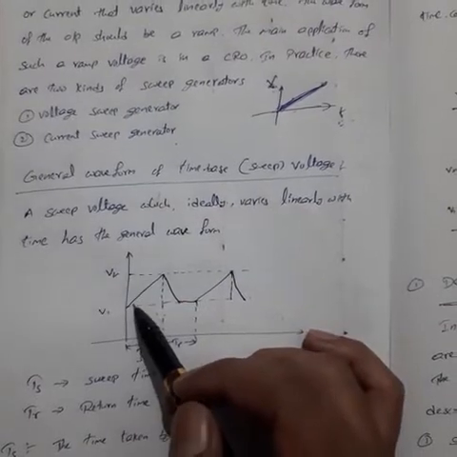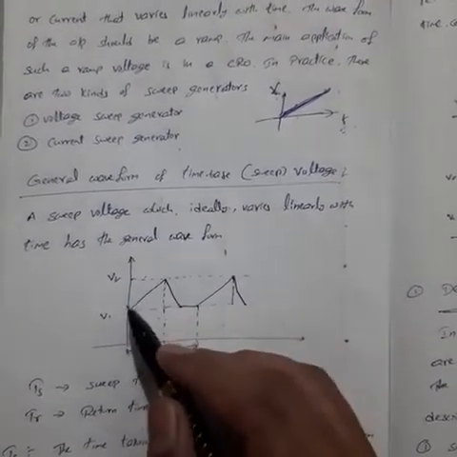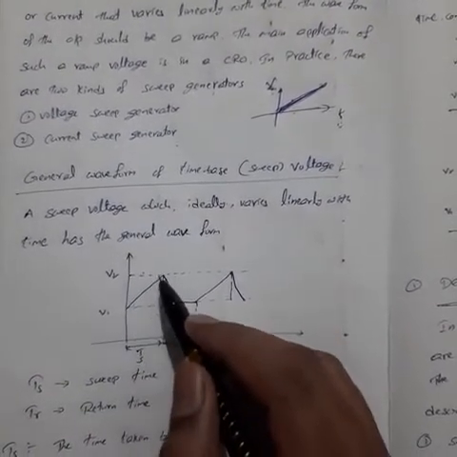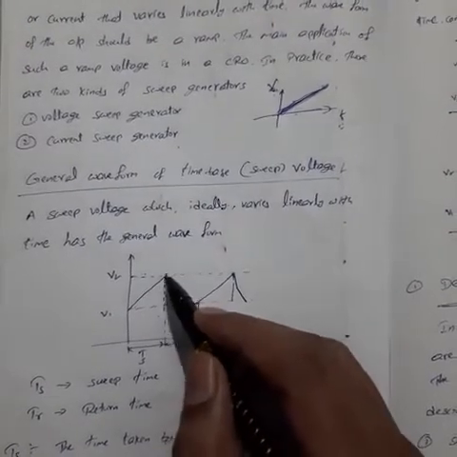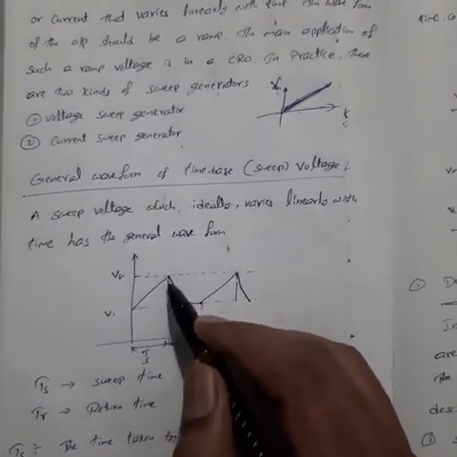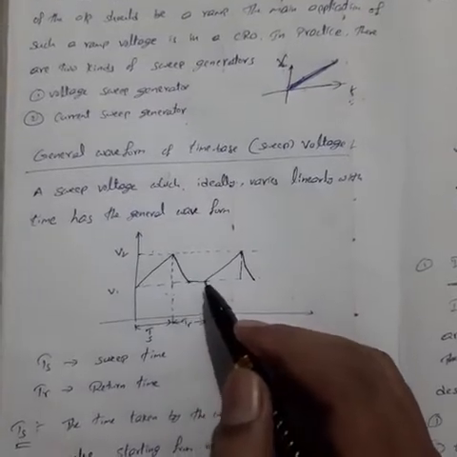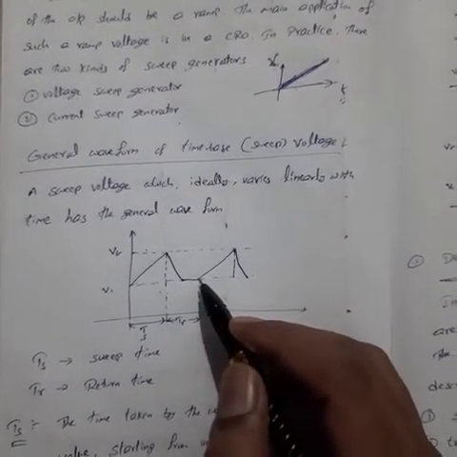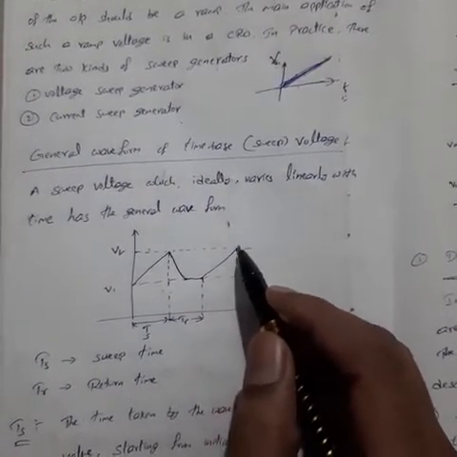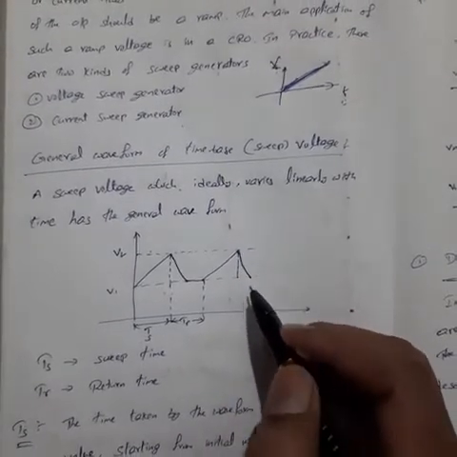Next, this is the general waveform of a sweep generator, with two voltages V1 and V2. Suppose the waveform starts from V1 and ends at V2. It increases linearly, then decreases linearly, settles for some time, and after that again increases linearly and decreases linearly.